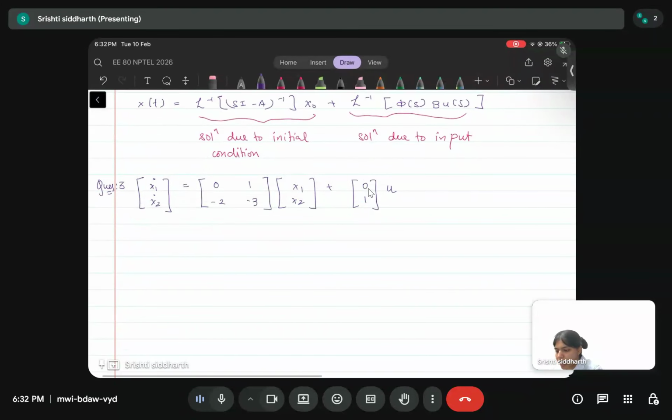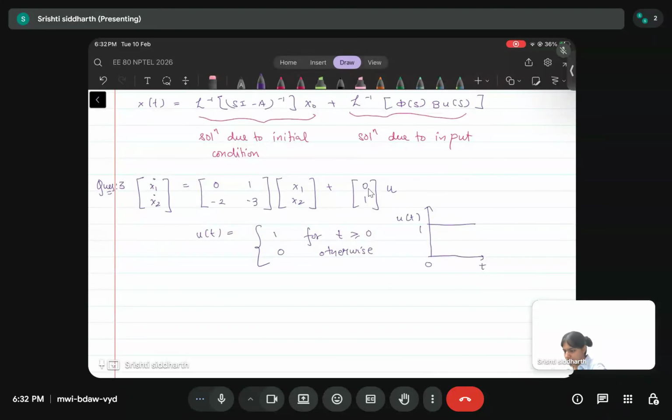So let's assume that u is a step input. So u(t) is defined as 1 for all time greater than or equal to 0 and 0 at other times. This is 1.